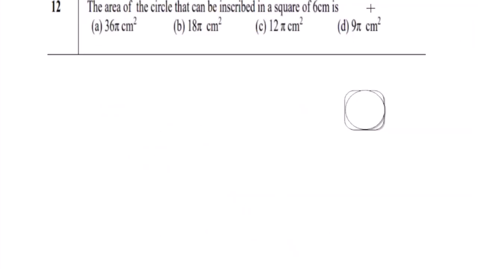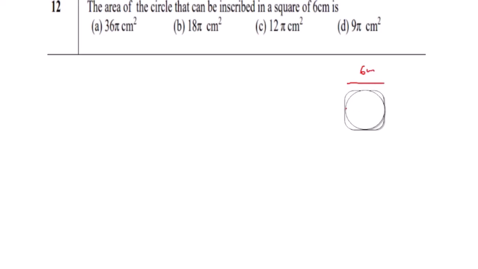Now the 12th question: the area of the circle that can be inscribed in a square of side 6 centimeters is. So a circle is inscribed in a square, right? The side of the square, from here to here, is 6 centimeters.